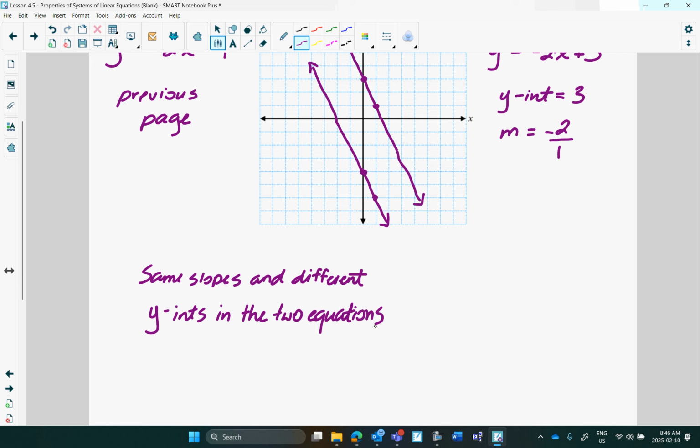They're parallel, which means there will be no solution to the system because there's nowhere that they intersect each other that we can write the solution. So you see, not all systems are going to have just one solution. Sometimes they may have none, depending on the equations.